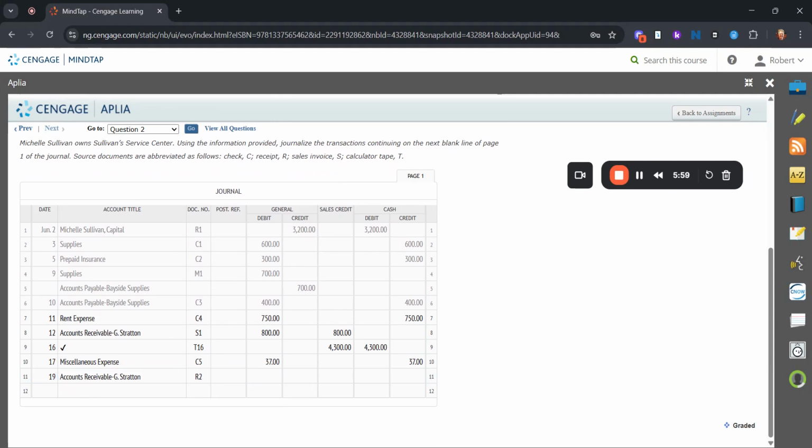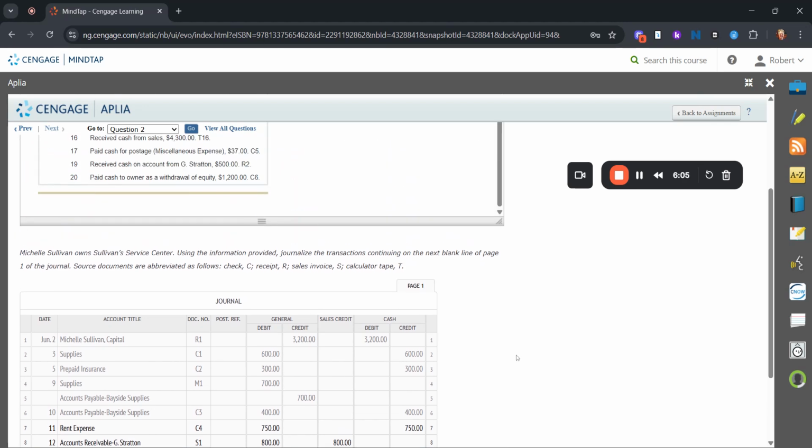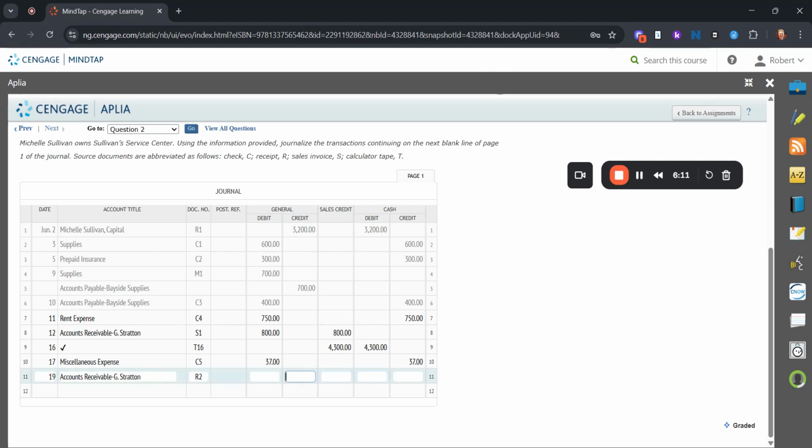So that's an asset. So a decrease in an asset is going to be a credit entry. That was $500. So we'll put a $500 here as credit entry for the decrease in the asset, and then cash came into the business, so an increase in cash. So now I've got an increase to an asset goes as a debit entry.